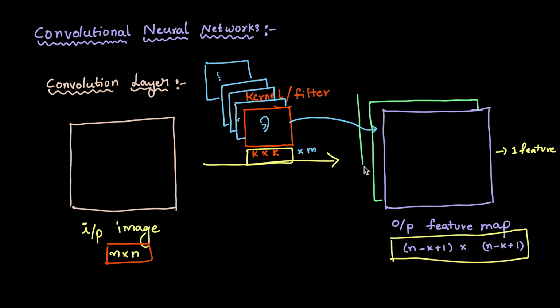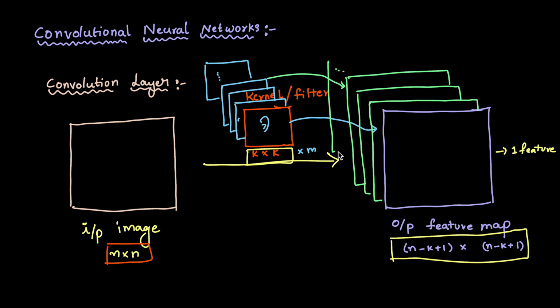Similarly, we'll get the third feature map by doing convolution with this third kernel, and the fourth feature map with the fourth kernel. Like that, we'll get an output of shape n minus k plus 1 cross n minus k plus 1 cross m, where m represents the number of kernels, because each kernel will give one output feature map of size n minus k plus 1 cross n minus k plus 1.